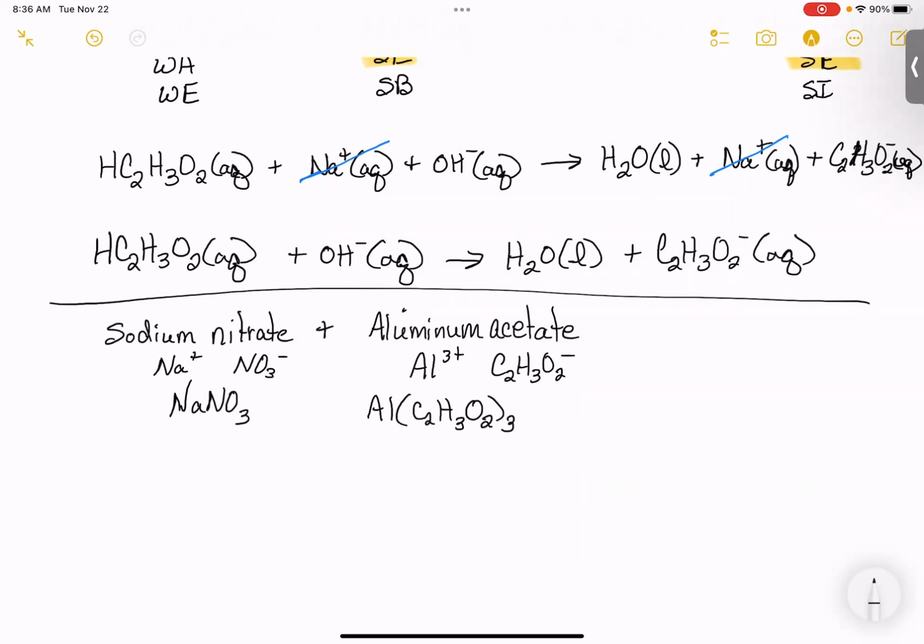These are two ionic compounds, so we expect to have a double displacement reaction, meaning the cations will swap their anion partners. So the sodium will wind up with the acetate, and the aluminum will wind up with the nitrate, making sodium acetate and aluminum nitrate.